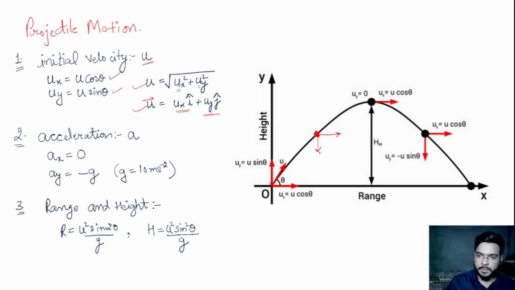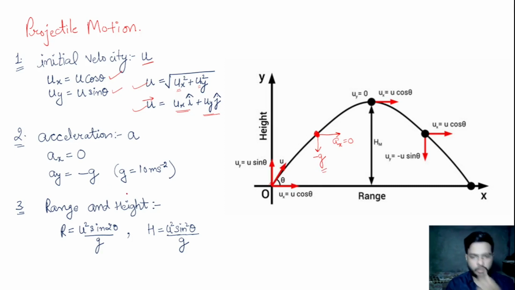If we take the acceleration downward, only and only g, acceleration due to gravity, is acting, and in the x component there is no acceleration. Okay, the acceleration in the x component is not there, because the only acceleration acting is g.